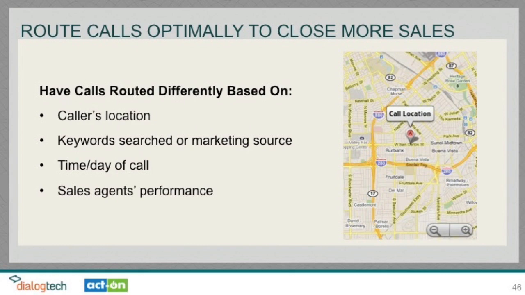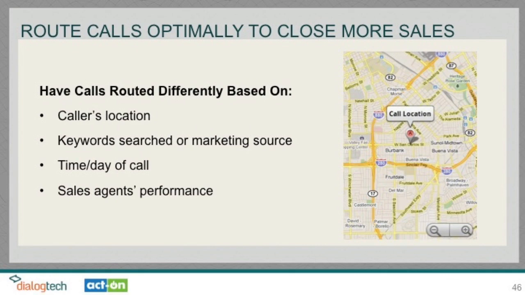So if you're running local search campaigns and you have a variety of stores throughout the country or throughout the city where the person's located, you can route that call directly to the closest store, the closest office, the closest agent to that caller.